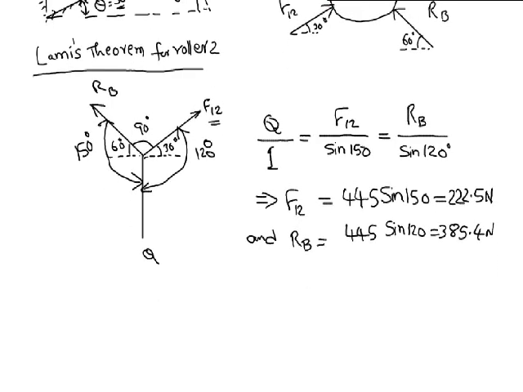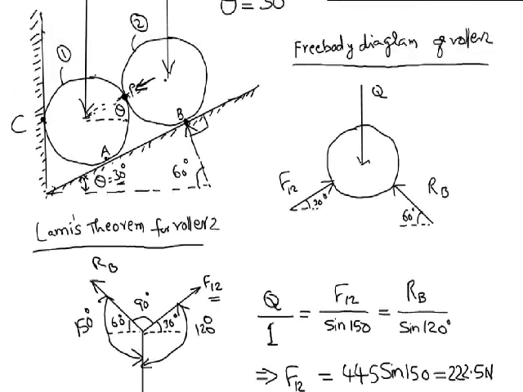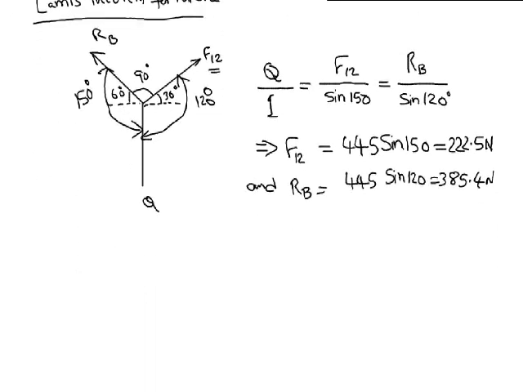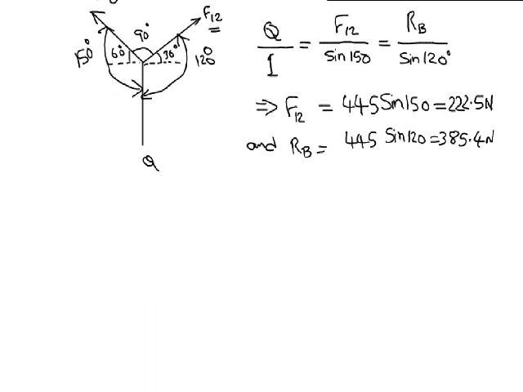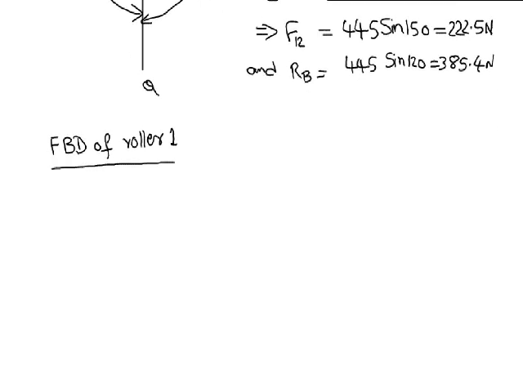Okay. A similar thing we'll try to do for roller 1, that is, we'll try to draw the free body diagram of roller 1 and try to identify the forces. So we'll try to draw FBD of roller 1. Okay, you have roller 1. Let me try to draw it a bit below.